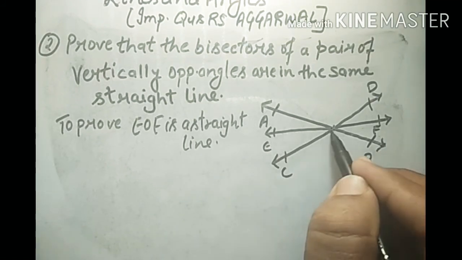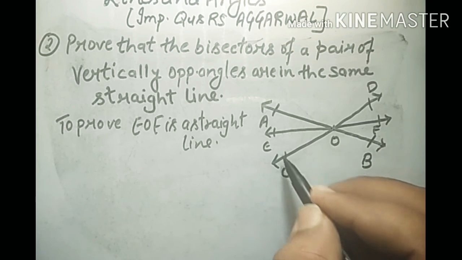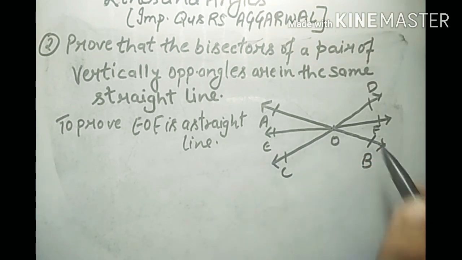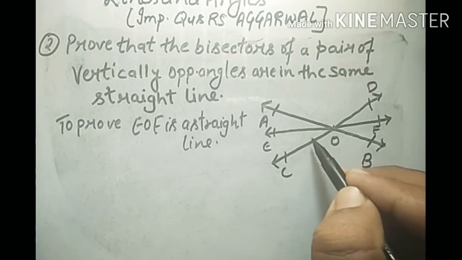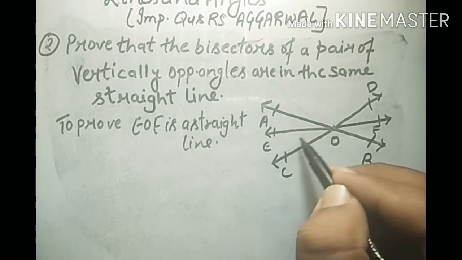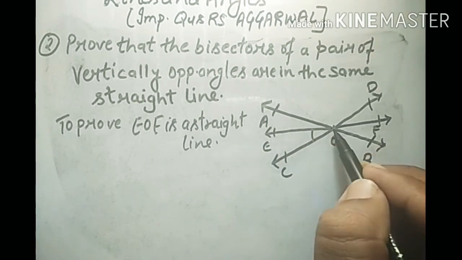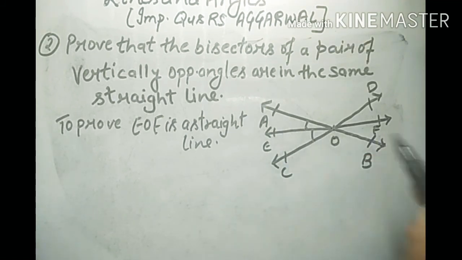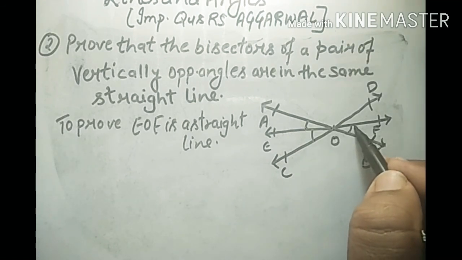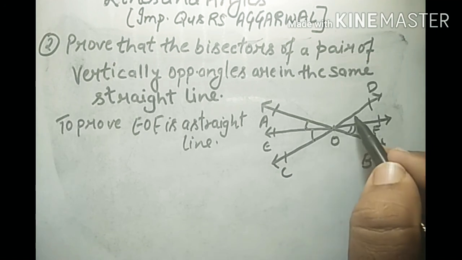Okay, so OE and OF are the bisectors of angles AOC and BOD respectively. So we can say that angle COE is equal to angle AOE. Similarly, angle BOF is equal to angle FOD.